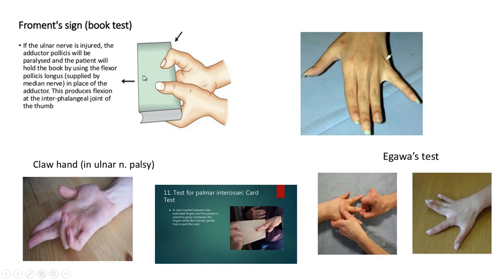If we pull this book when the patient is holding it, in ulnar nerve injury, due to weakness of the adductor pollicis, the patient will try to hold it by flexing this distal interphalangeal joint, by flexing the flexor pollicis longus. So the affected part will be deformed. This is called book test or Froment sign.